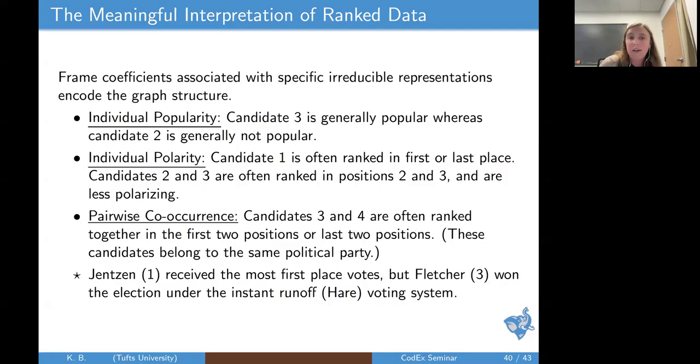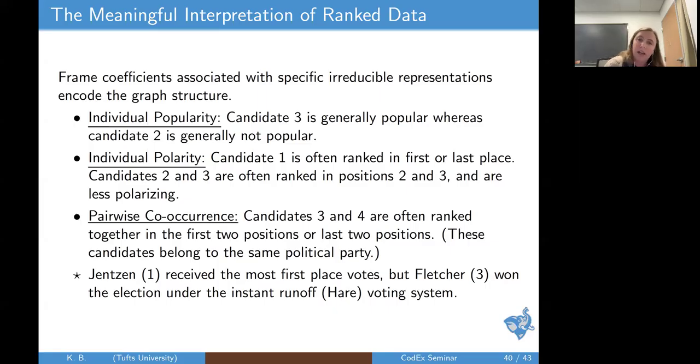In particular, they were able to find things about individual popularity, individual polarity, and pairwise co-occurrence. They could see that candidate 3 was generally popular, whereas candidate 2 was generally not popular.